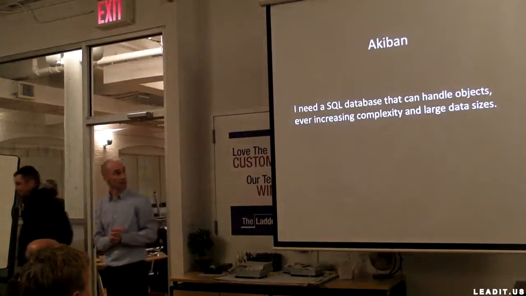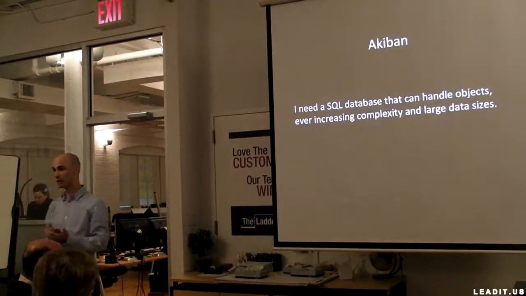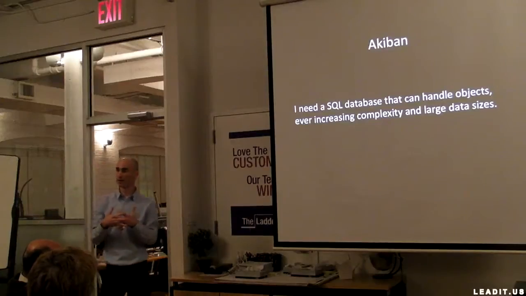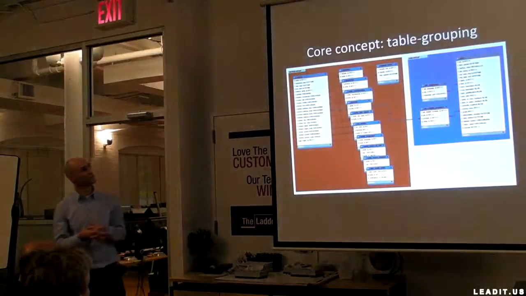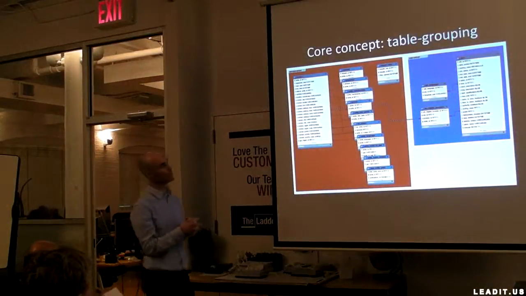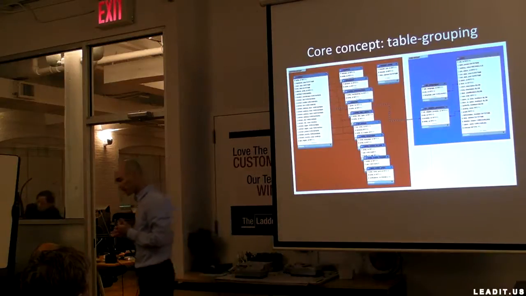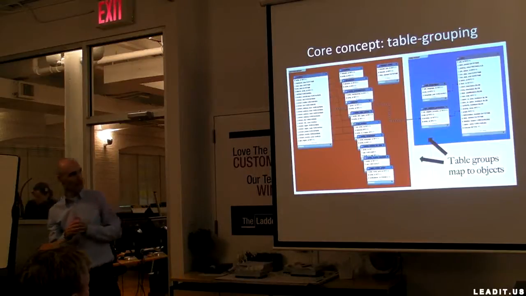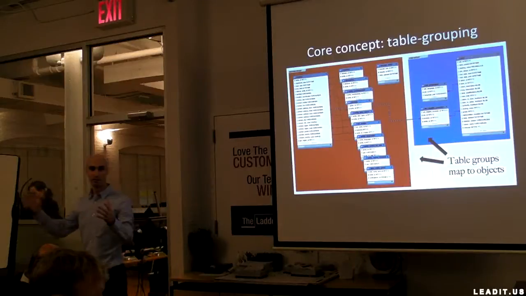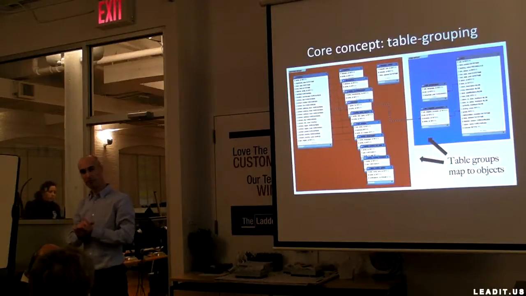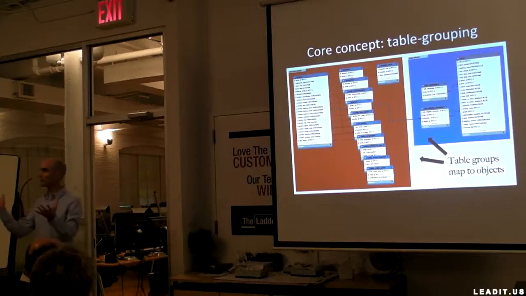So what Akiban does is a database that is SQL, that can handle objects together as one and can scale. To give you a sense of what that means, I'm going to go right back here. And this is not just a pretty diagram. What this is, what table grouping really means, is that we allow you to now take your database schema and describe the object that it really represents, right?